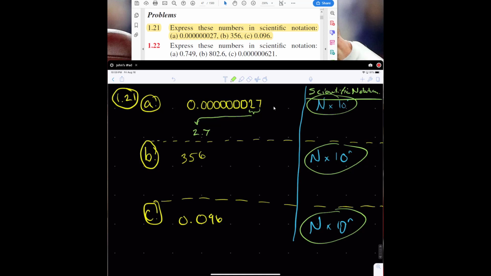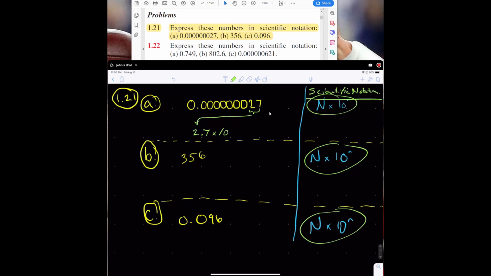Since we're going to stay with this standard form and we have our N, now we're going to multiply by 10, but we have to figure out what our exponent should be.